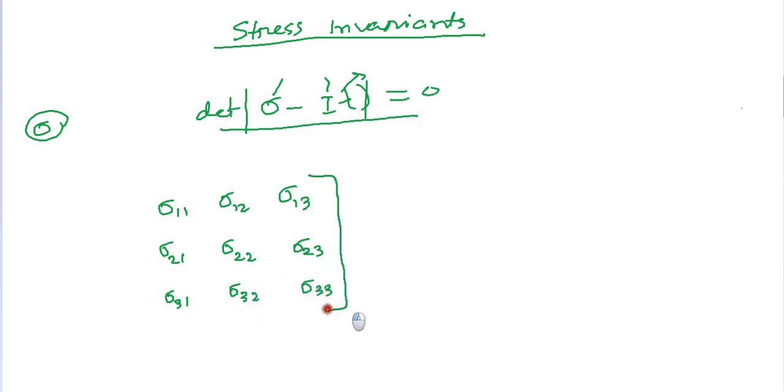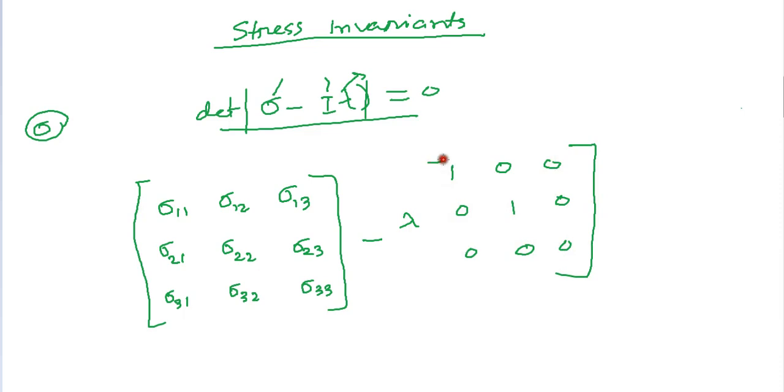This stress tensor minus alpha times the identity matrix 1 0 0, 0 1 0, 0 0 1, and the determinant of the whole is equal to 0.